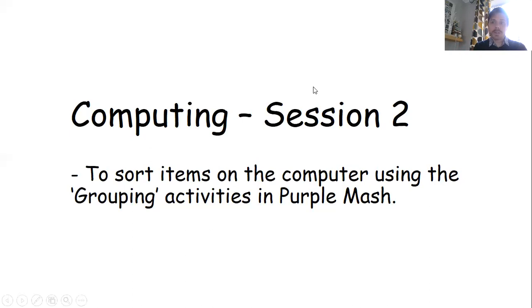So what's today's learning? Today's learning is really a continuation of what we were doing before, where we were sorting shapes into groups using a given criteria. These grouping activities today are going to be slightly different because we're going to do a bit more on Purple Mash. Most of this session today is going to be you playing and exploring online.